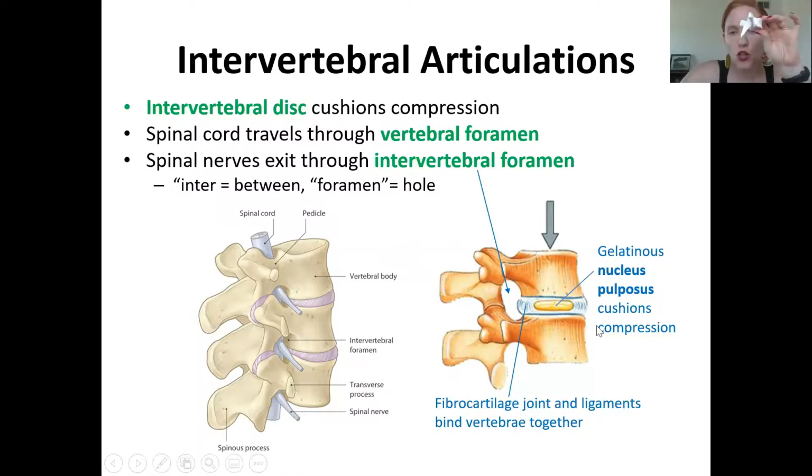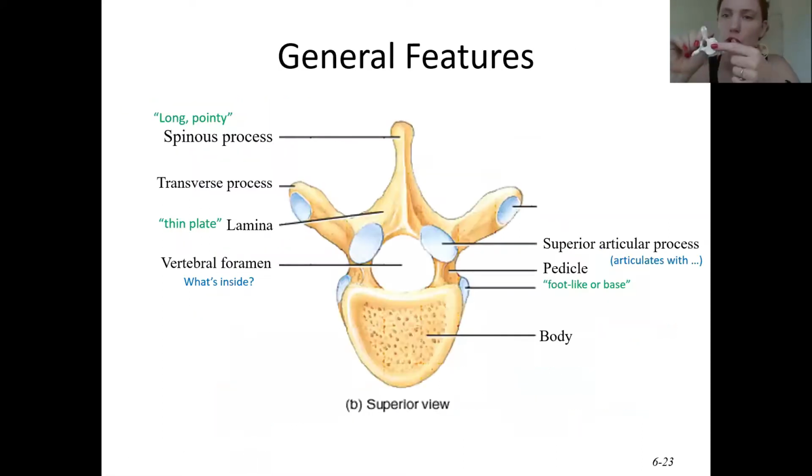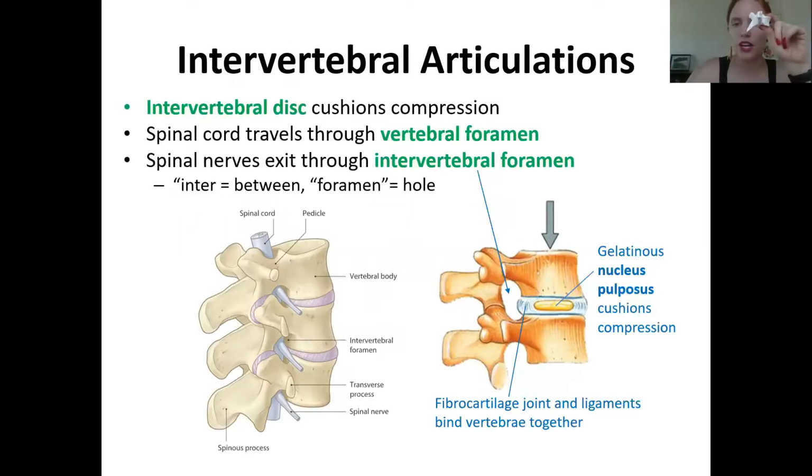Also between the vertebrae, so on their bodies, this is the body. Oh, I should have mentioned that. This part right here is the body. Between the vertebrae, there's a little fibrocartilage pad, and that's called the intervertebral disc. Again, inter means between, so the disc between the vertebrae is made out of fibrocartilage, so it's nice and cushy.